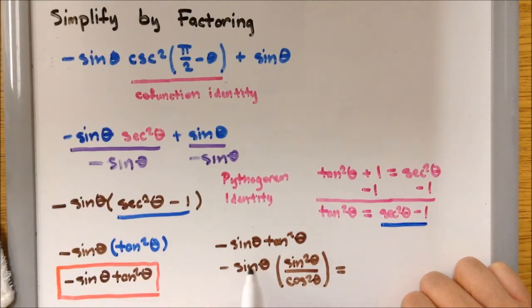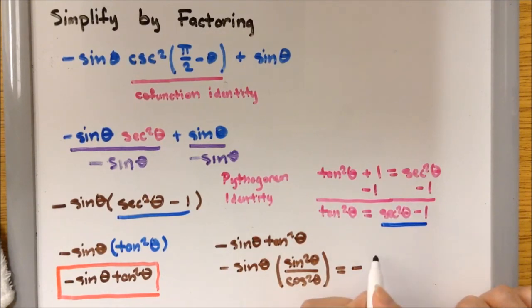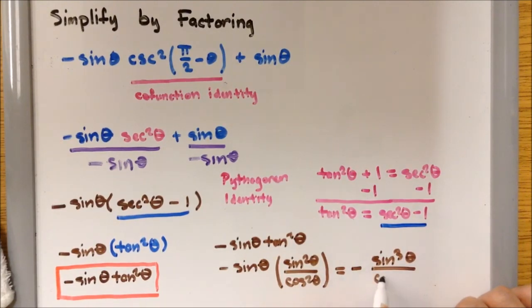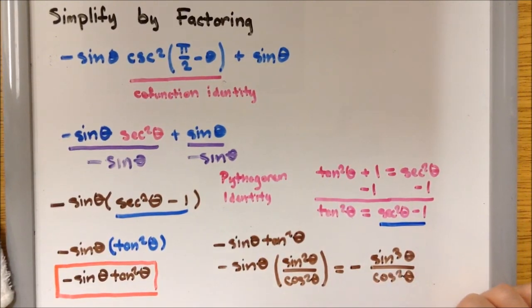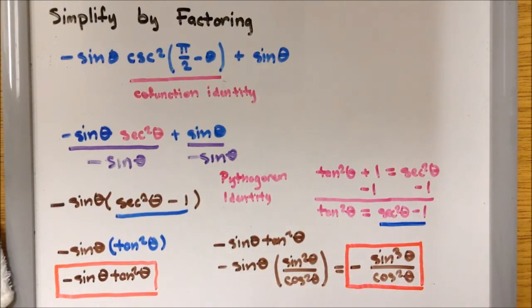And then when I'm multiplying, the negative sine theta is like a whole number, so I'm simply going to multiply to the numerator. So negative sine theta times sine squared theta will become negative sine to the third theta over cosine squared theta. There's nothing I can do to simplify, so that will be your final answer. This will be for if it asks you to simplify in terms of sine and cosine. The one on the left, negative sine theta tangent squared theta, will be your answer for simplifying by factoring.